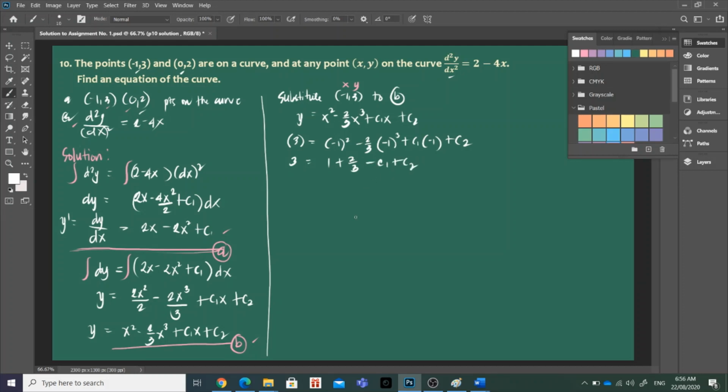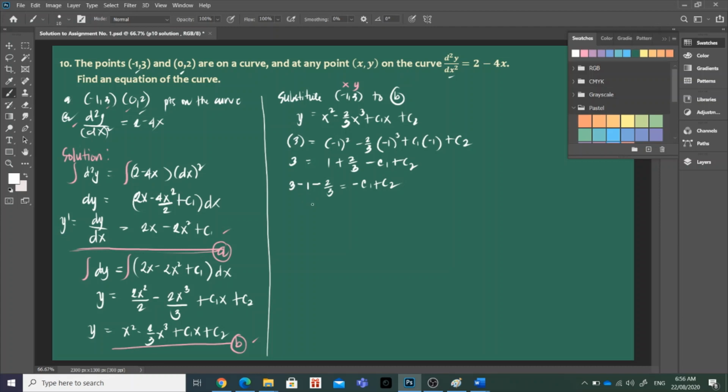Okay, we arrange the terms. Lipat natin lahat sa kabila. That is 3 minus 1 minus 2/3 equals negative c sub 1 plus c sub 2.